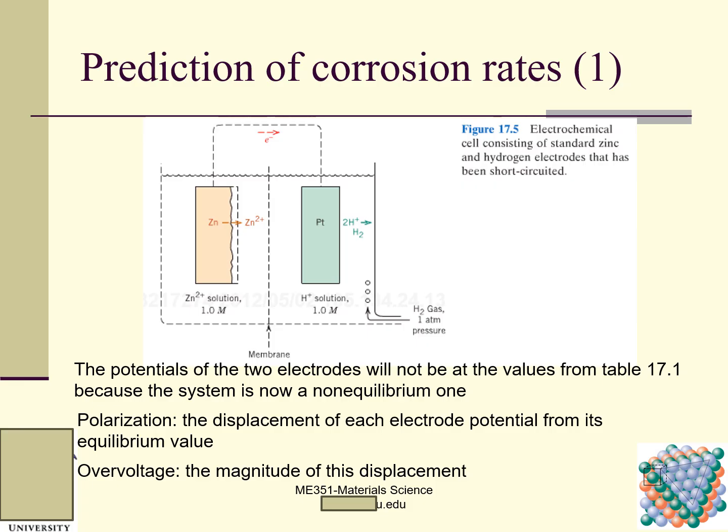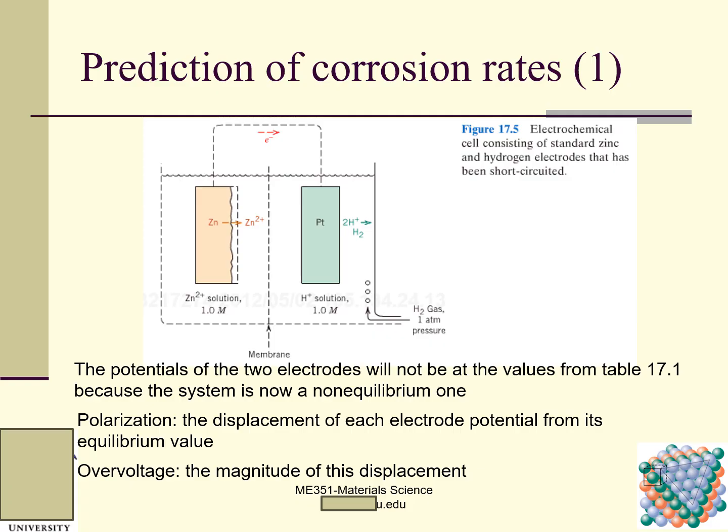Two hydrogen atoms will become a hydrogen molecule, which is then released as a gas.